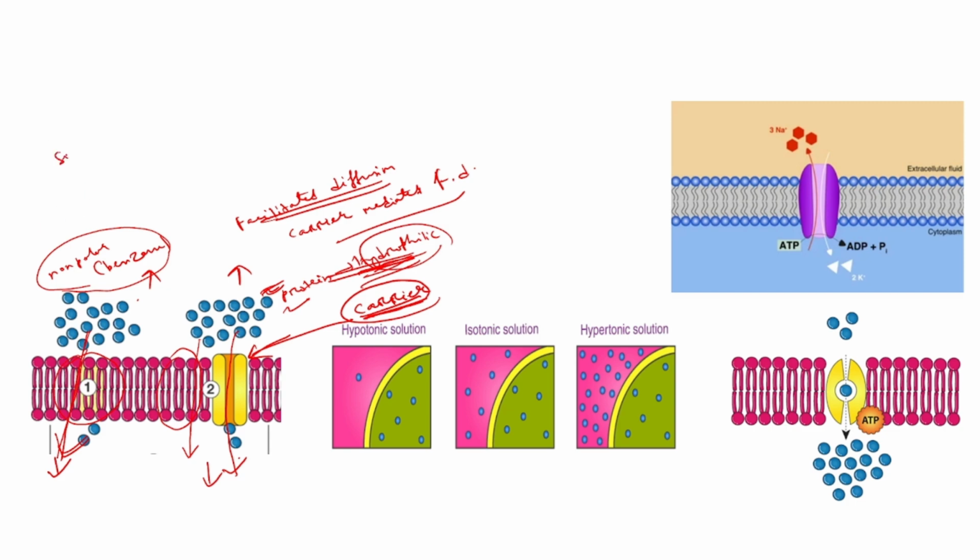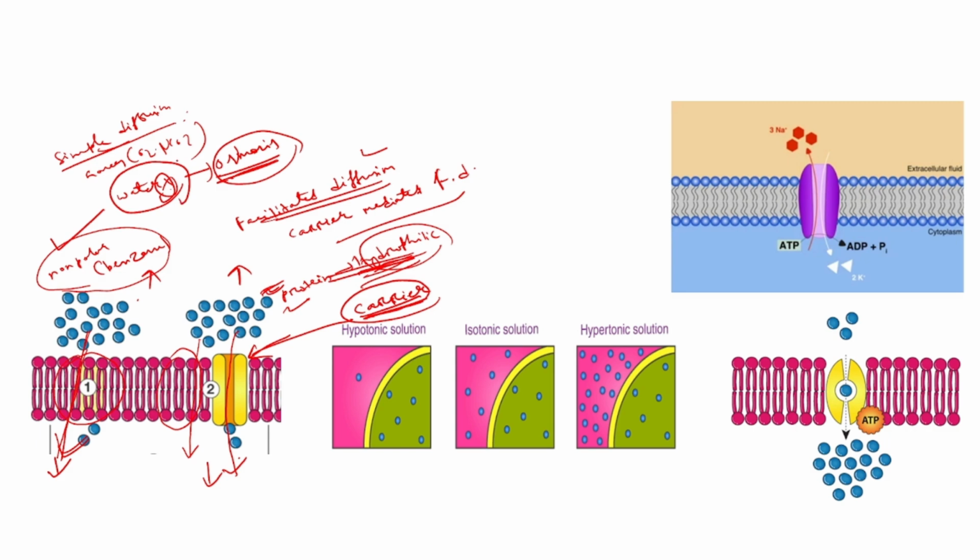Okay, so now there are two types of transport: one is simple diffusion, another is facilitated diffusion. So what is simple diffusion? The gases, oxygen, carbon dioxide, and non-polar molecules like benzene, along with water. Water is the exception, that means it transports through the process called osmosis. So osmosis is simple diffusion in which the molecule is only water.